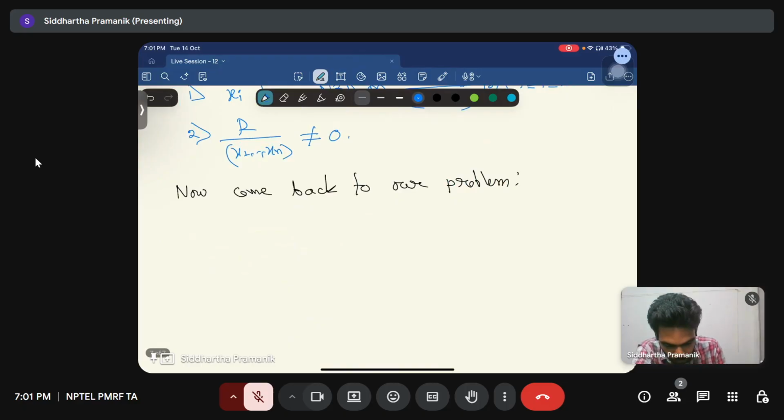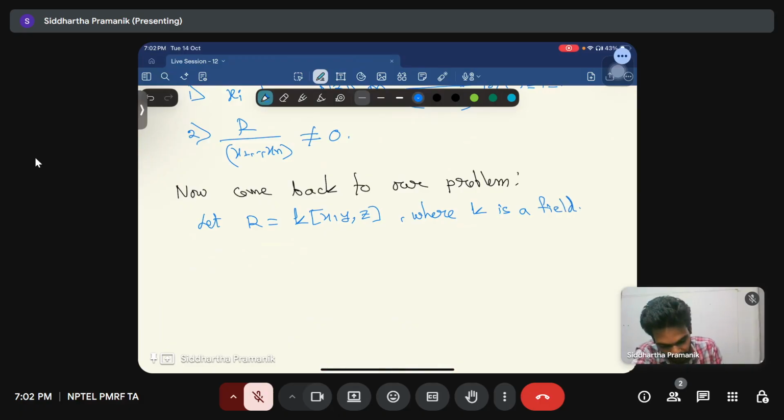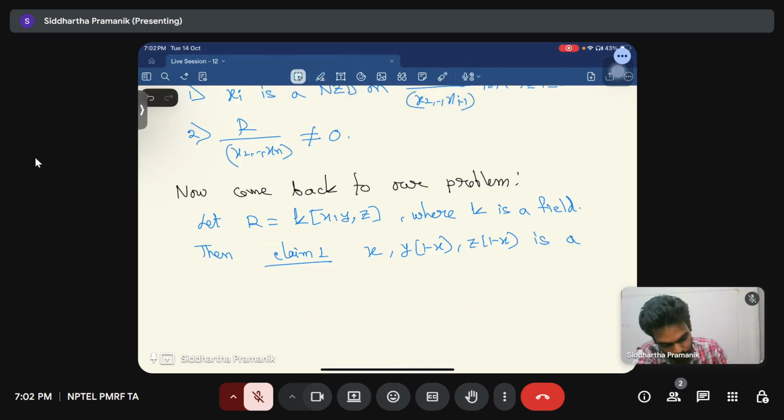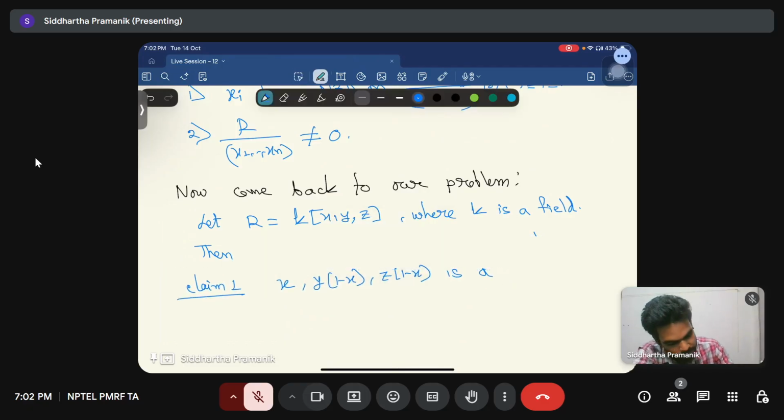So let R be the polynomial ring in three variables, x, y and z over the field K. Then our first claim is, if we take x, then y times 1 minus x, then z times 1 minus x, then this is an R regular sequence.